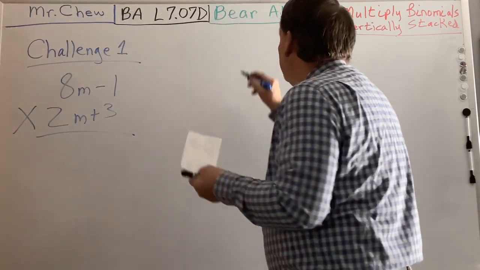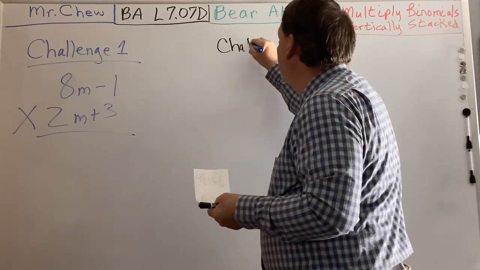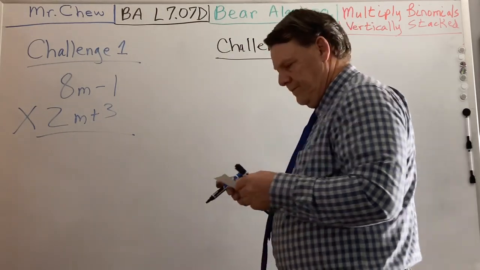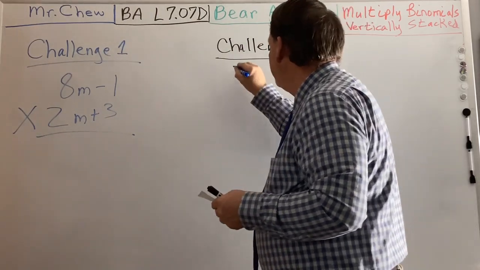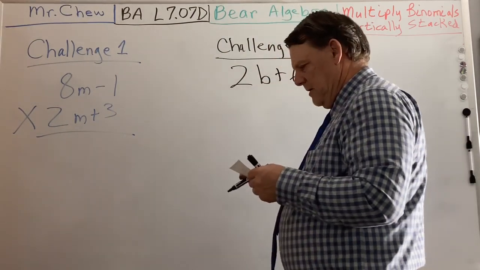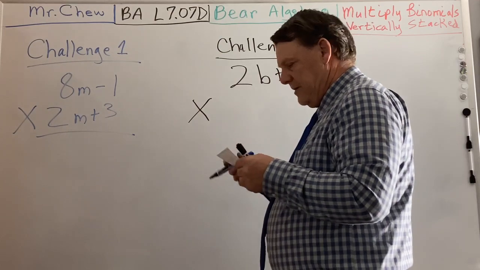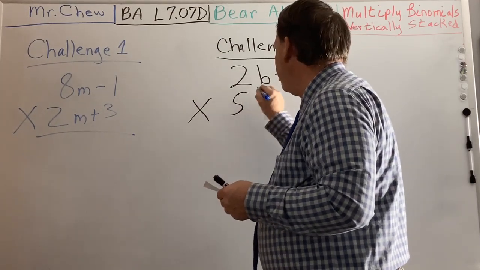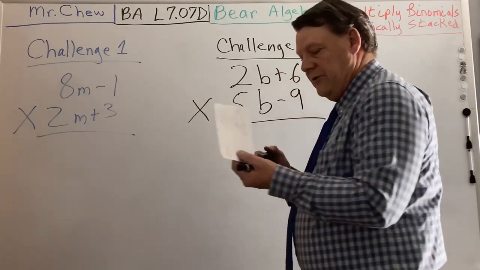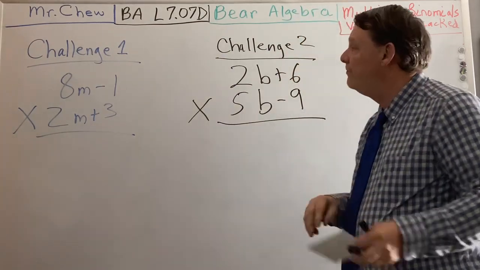Challenge 2. I've got 2b plus 6 times 5b minus 9. There's your two challenge problems.